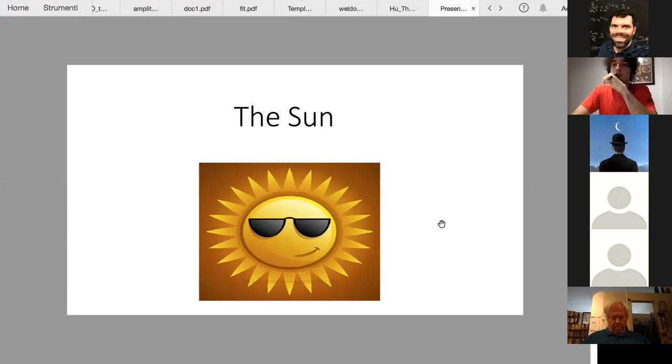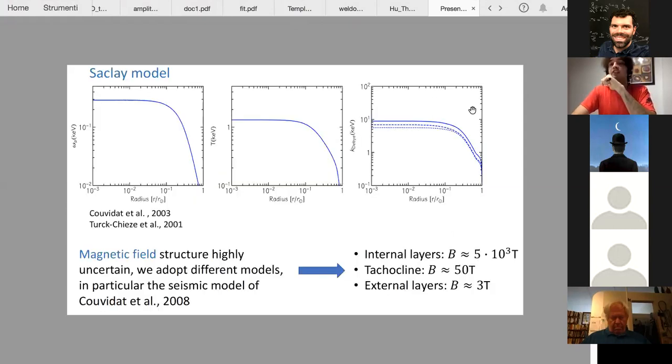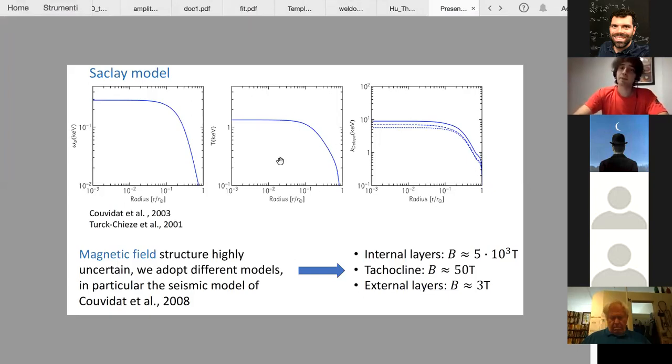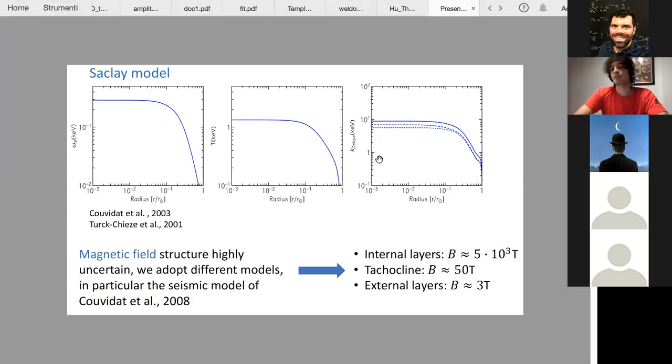And so as I told you, you have to assume a model for your sun, for the internal properties of the sun. So here, for example, you see the omega plasma frequency. You see that in the interior of the sun it is like 300 electron volt, more or less. This is in units of keV, and then it drops in the external part of the sun. Then you have also the temperature here, and then you also have the Debye length.